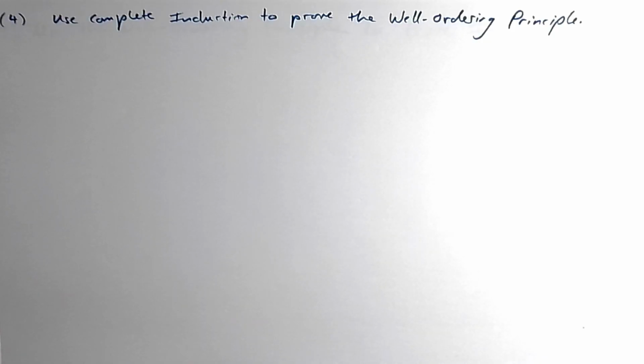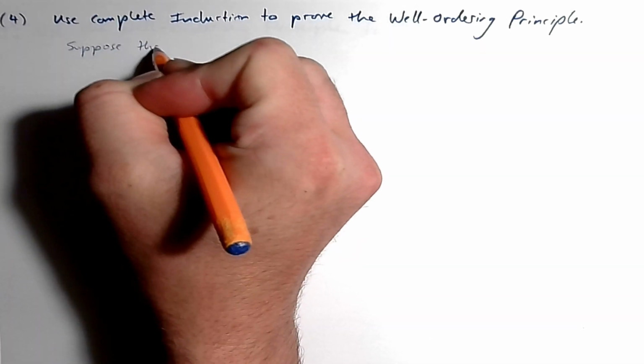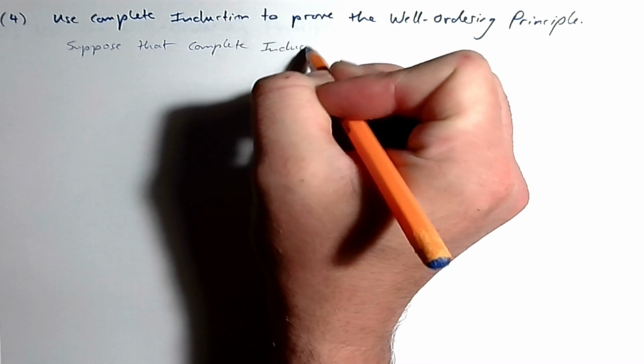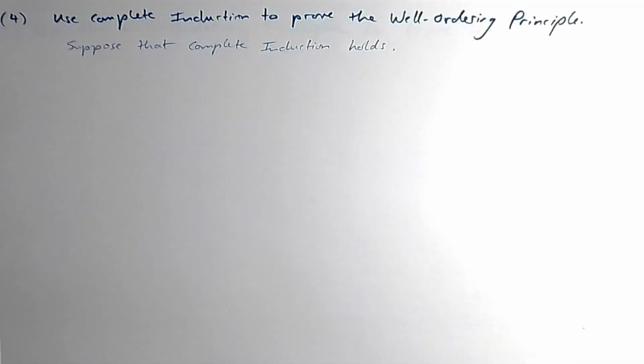So next we will use complete induction to derive the well-ordering principle. To do that, suppose that complete induction holds. This is our assumption, which we will use later in the proof.